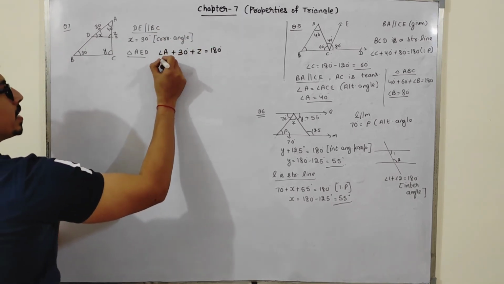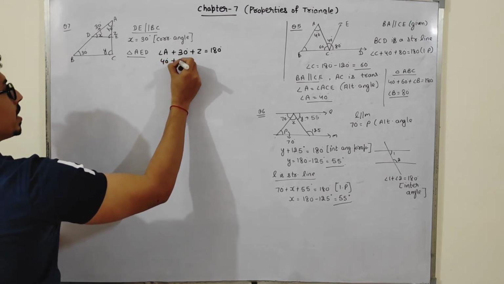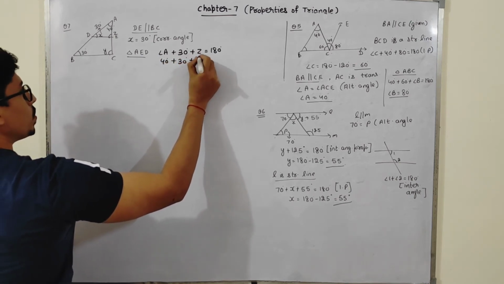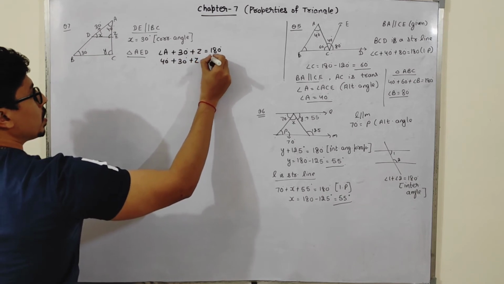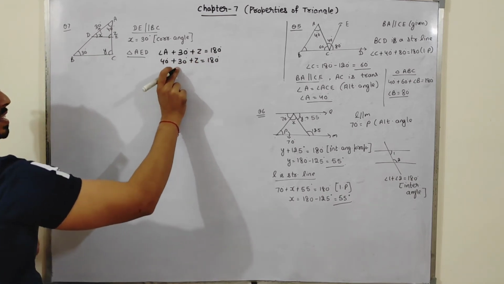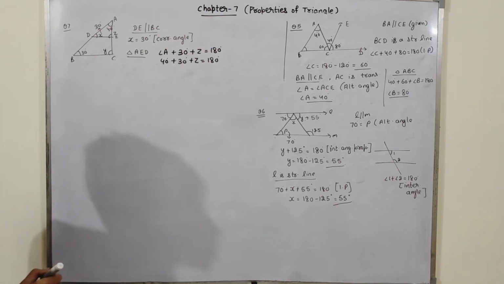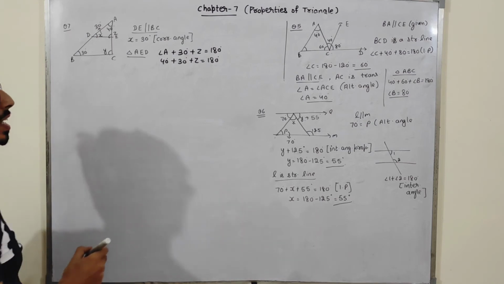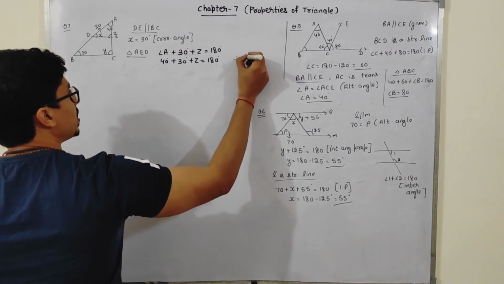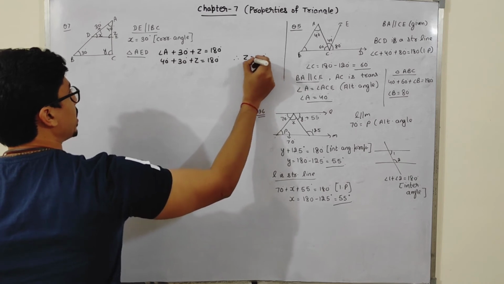Angle A is 40, this is 30 degree, and Z we don't know. This is 70. When it goes here, it will be subtraction. So 180 minus 70 is 110. Therefore, Z is 110 degree.